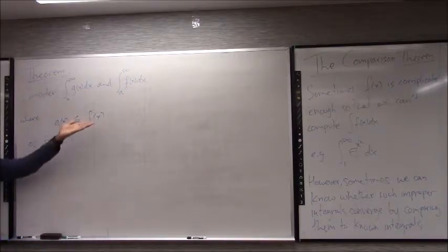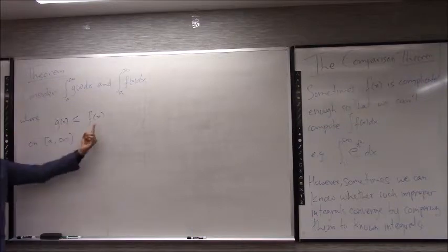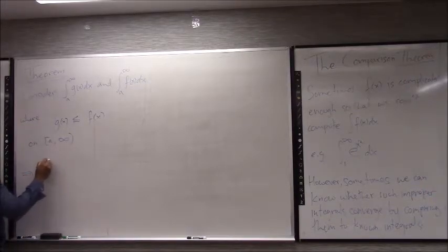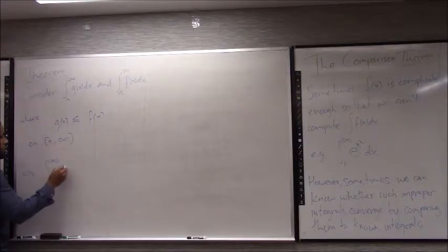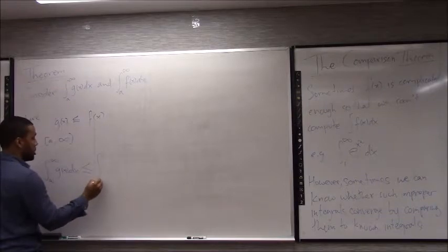So I'm looking at two integrals with similar limits, but on a point-wise basis, I know that this function is always giving me higher y values than that function. What that means is that this integral must be less than or equal to that one.